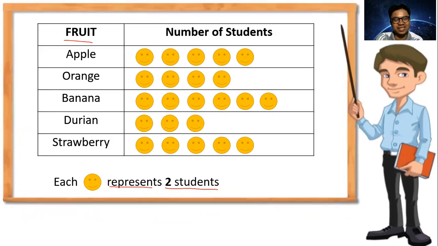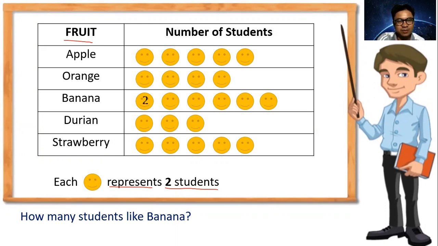Next question. How many students like banana? How many smileys here? 1, 2, 3, 4, 5, 6. Each smiley represents 2 students. So 6 times 2, there are 12 students.